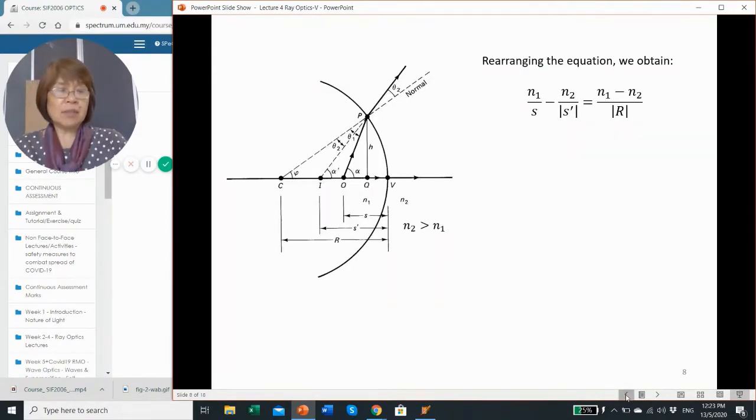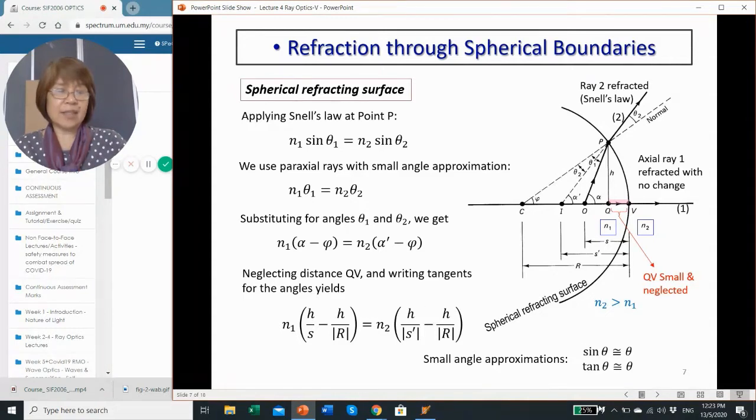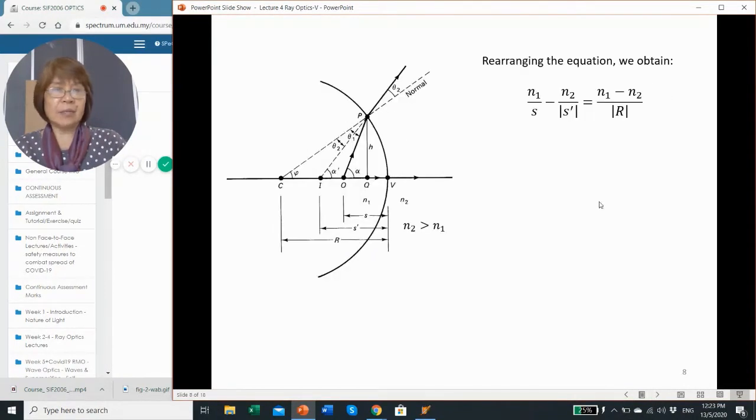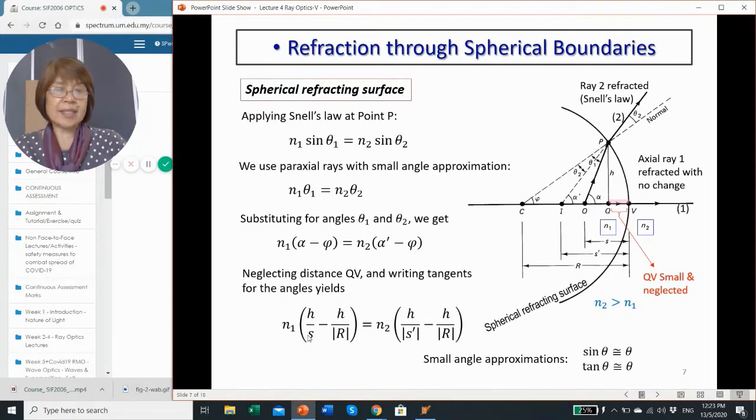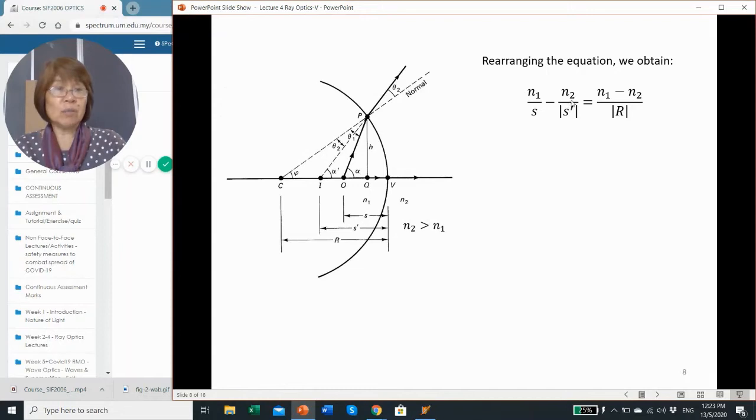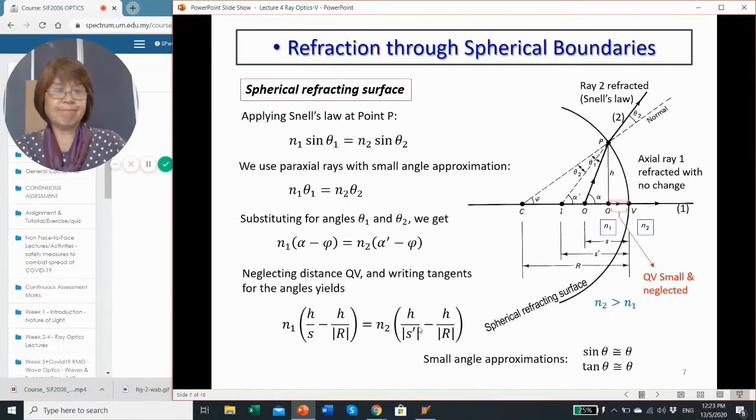Next, H was a common factor here. We can then remove it, and we are left with N1 over S and N2 minus N2 over S prime will be equal to N1. Now this term 1 over R here is common.